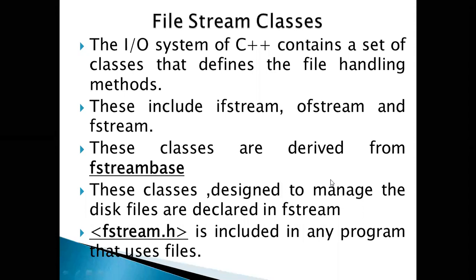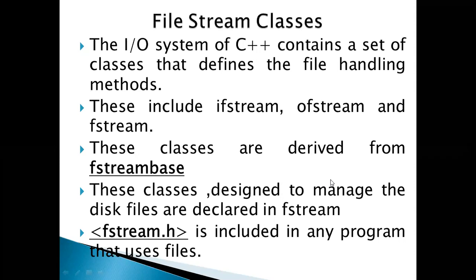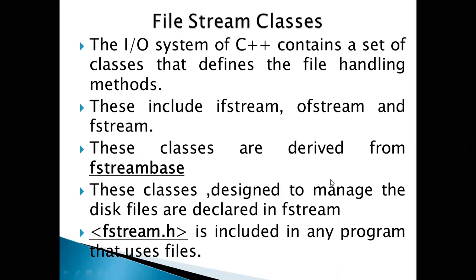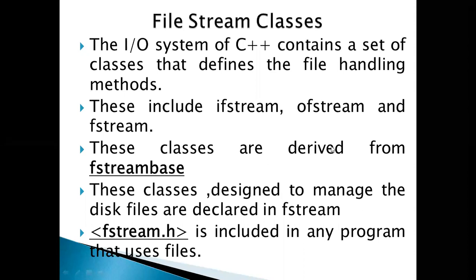Stream is a mechanism through which you can perform the file handling, and it is this I/O. This thing is similar to your console stream functions, the cin and cout. We'll just see how. Yes, sir. Thank you, sir.